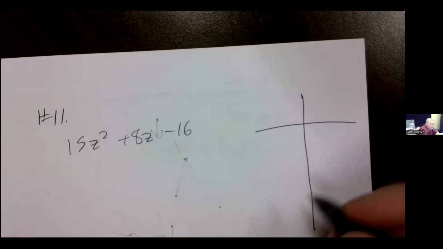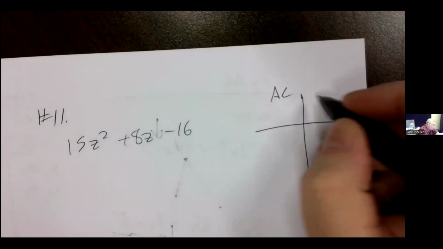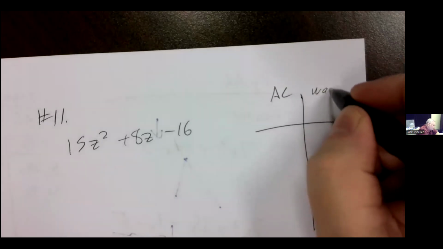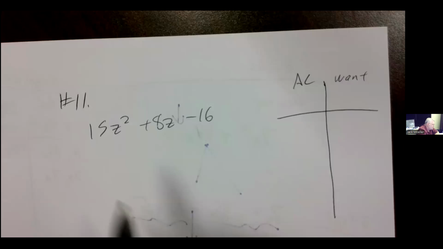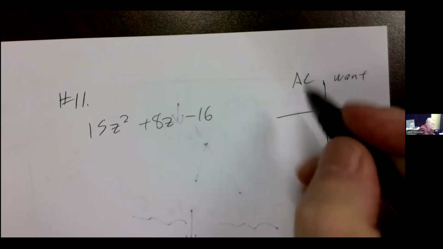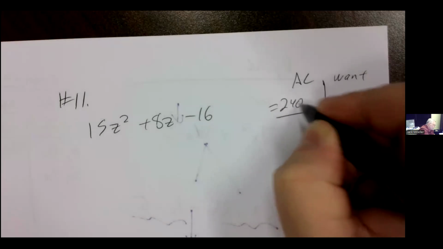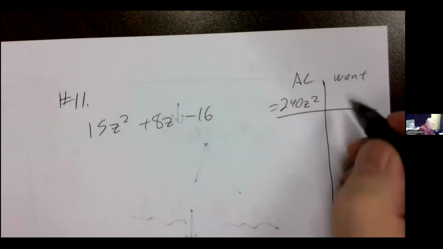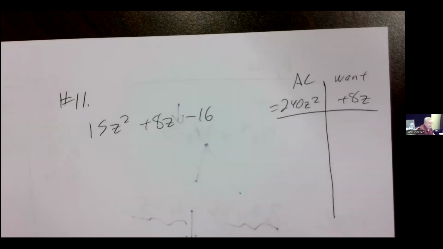Do your little table, or AC, and then what we want. Well, AC means the first term times the last term. So 15 times 16 is 240. 240 z squared, and then we want a positive 8z.